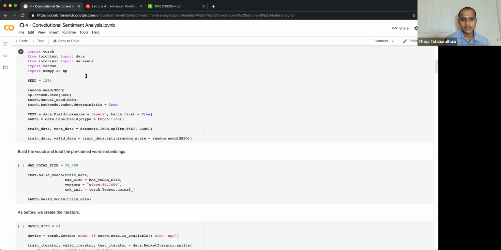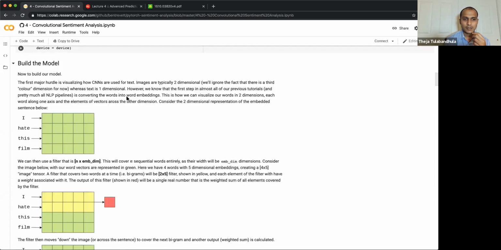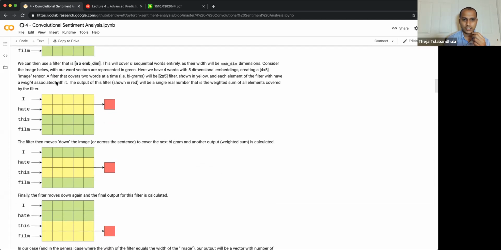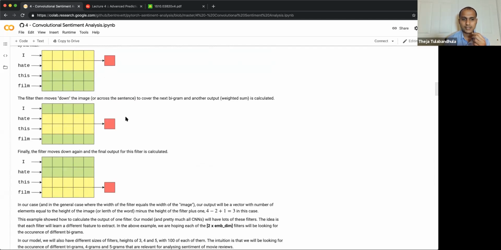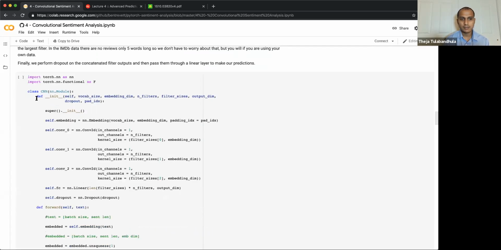They're using torch and torchtext, essentially PyTorch, and they're describing what the model is actually doing, how the convolution operation happens, and then they actually show you the model description. Remember, by this time, or maybe by the next assignment, by the time you finish it, you'll be familiar with exactly how to extend the class nn.Module to create your own neural network architectures.